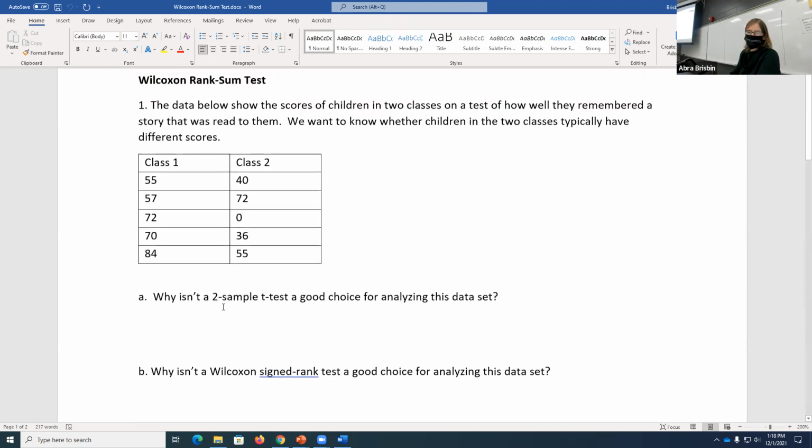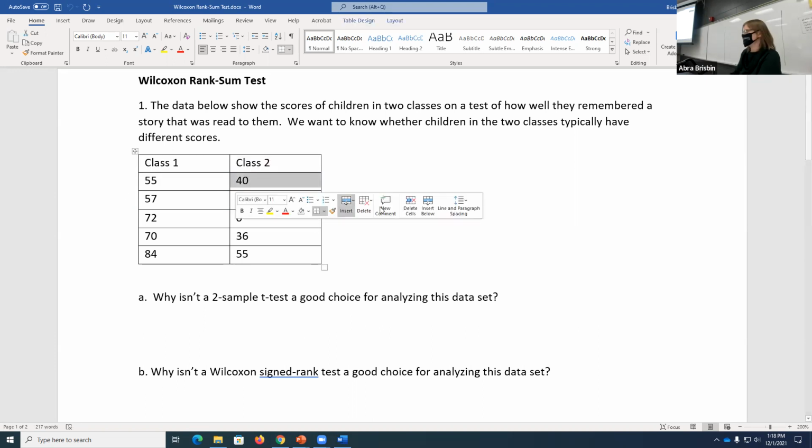Yeah, as far as we can tell, these rows were just there for convenience of not having the data set be really long. There's no particular pairing between this person in class 1 with this person in class 2. So this isn't a matched pairs situation, which is where we would use the Wilcoxon signed rank test.